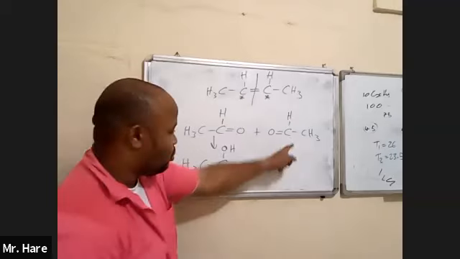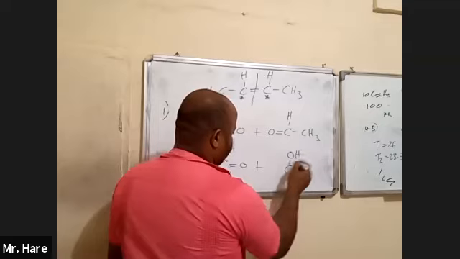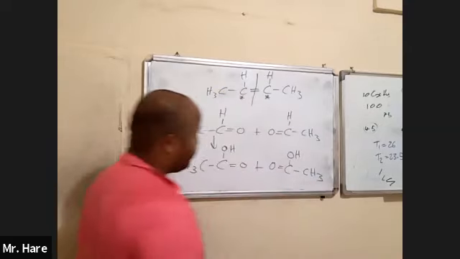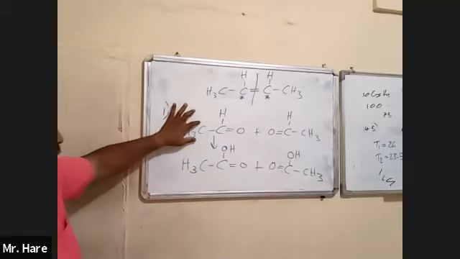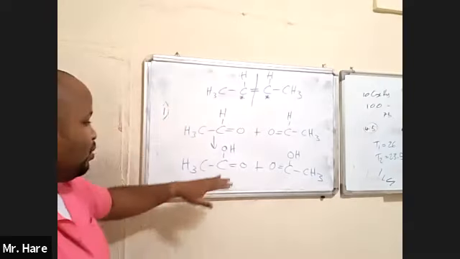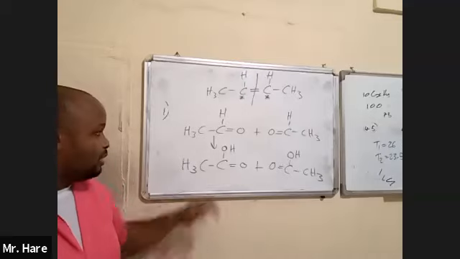And the same goes for this. You would also get a carboxylic acid. So once you get an aldehyde, as long as it has more than one carbon, it will be converted to a carboxylic acid.